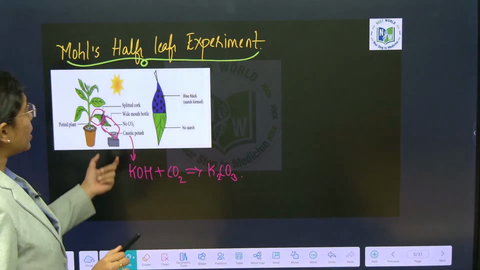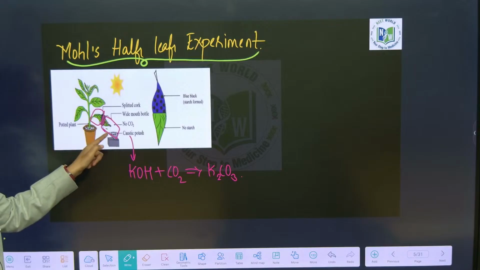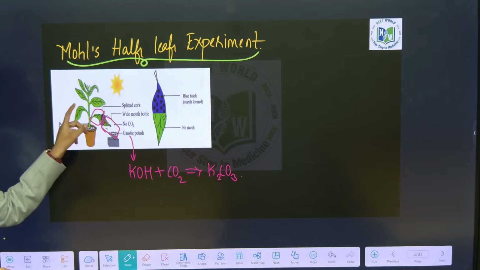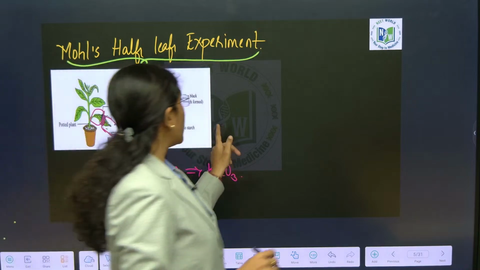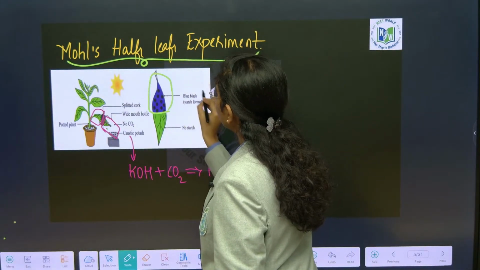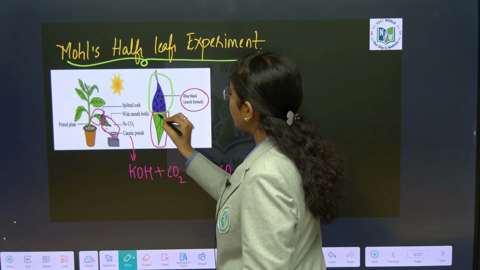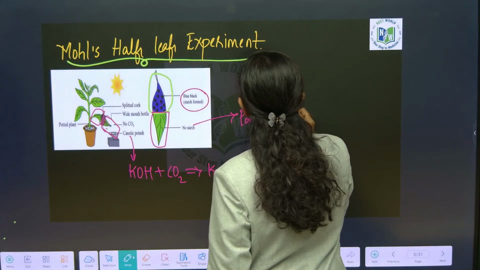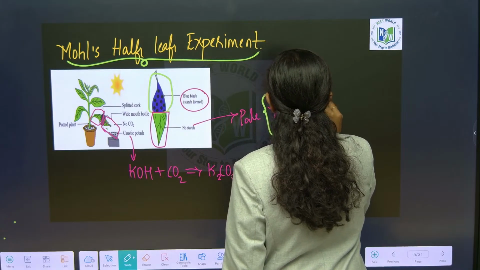After some time, when this leaf is tested for starch, it is shown that the half of the leaf exposed to sunlight has turned blue-black, and the half of the leaf kept in the beaker shows a pale color, indicating the absence of starch.